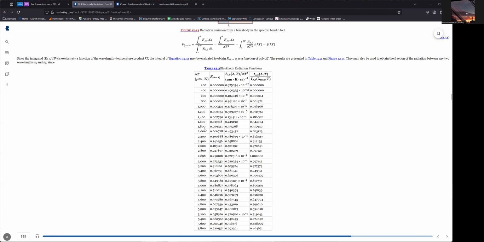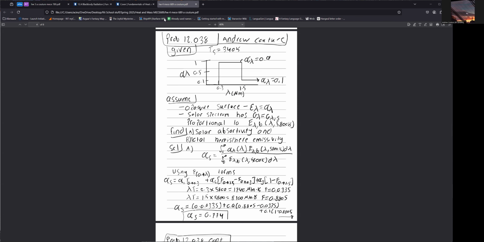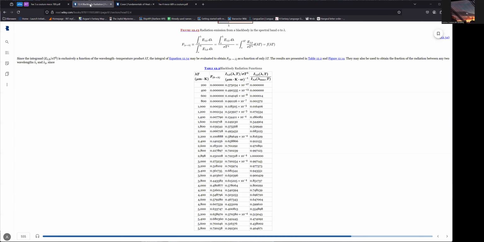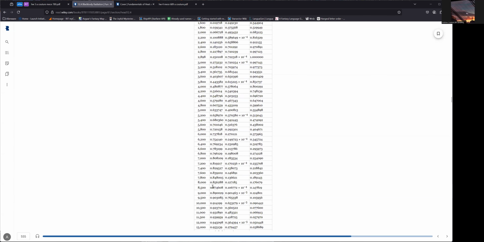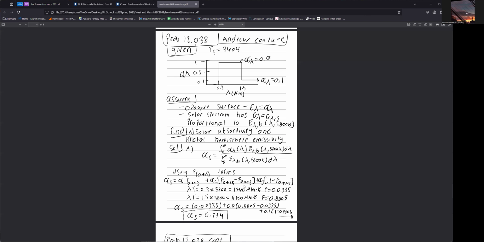It's in between those two values, but close to 1800. Doing a similar thing for the 1.5, you get 8700 micrometer Kelvin, and that gives you a value for F of about 0.88, again with a little linear interpolation, significantly larger.